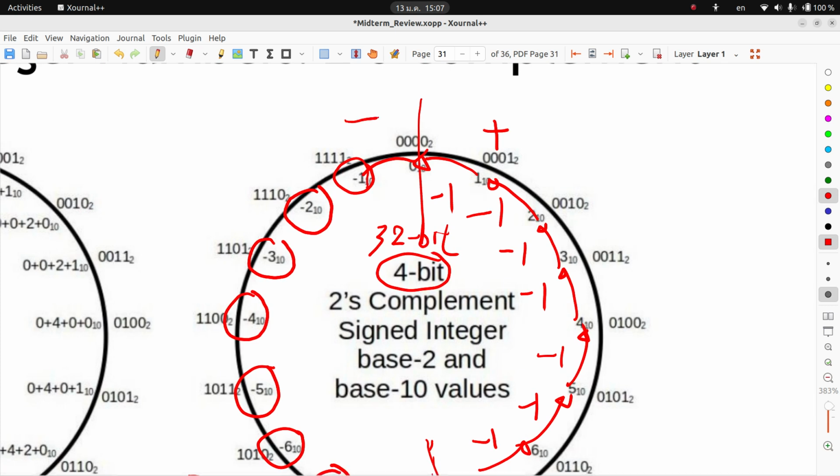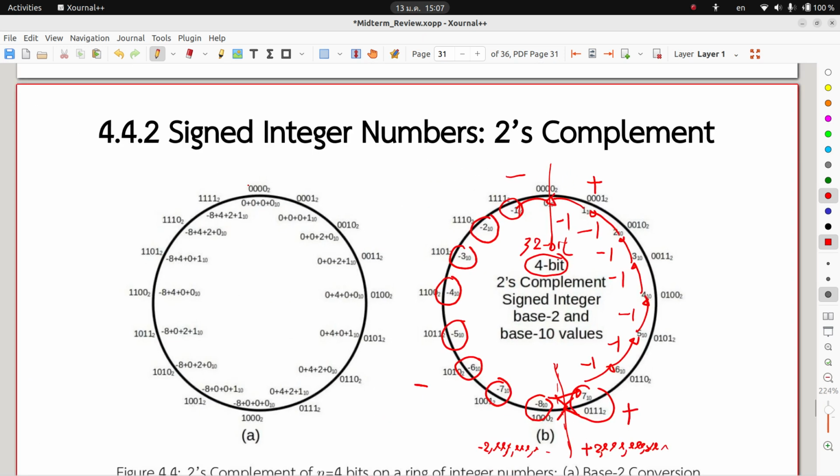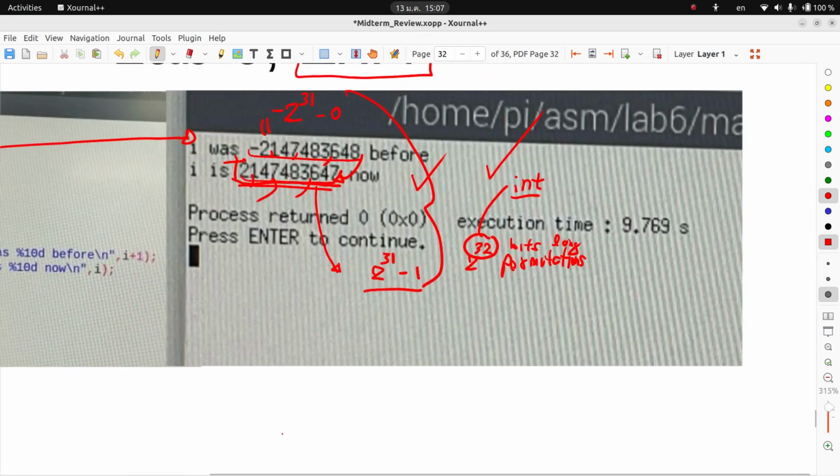Okay? But how long is it going to take? In this figure, only from minus 1 to 2 billion, it took 9.7 seconds. Okay? But again, the CPU is so fast.